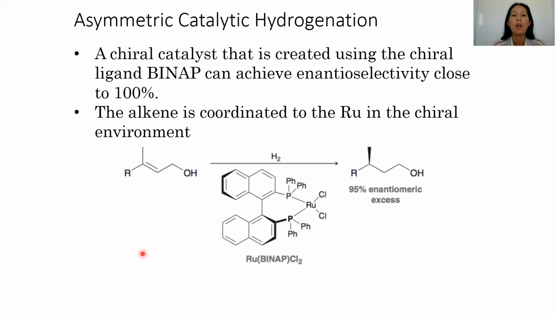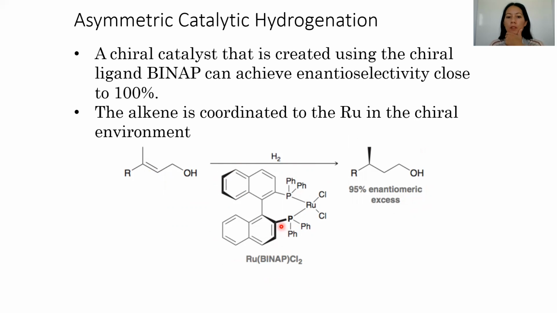The really, really cool thing about this is scientists have been able to do this so that you can get enantioselectivity. Meaning, if the resulting compound is chiral, generally you would get hydrogen adding from the top or bottom face, which would result in a racemic mixture, but you can actually have one of these ligands attached to the ruthenium in this case as your metal, and this particular ligand can be chiral itself.